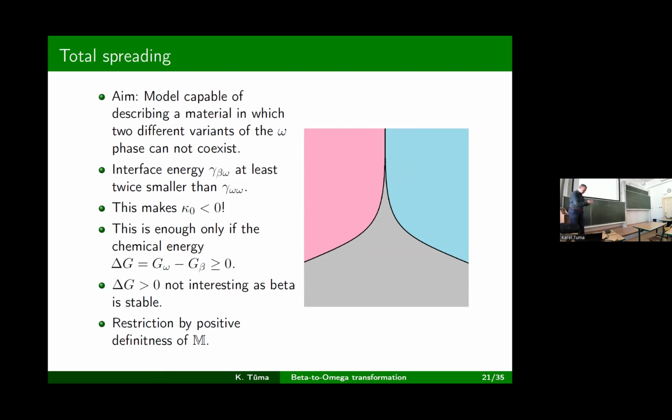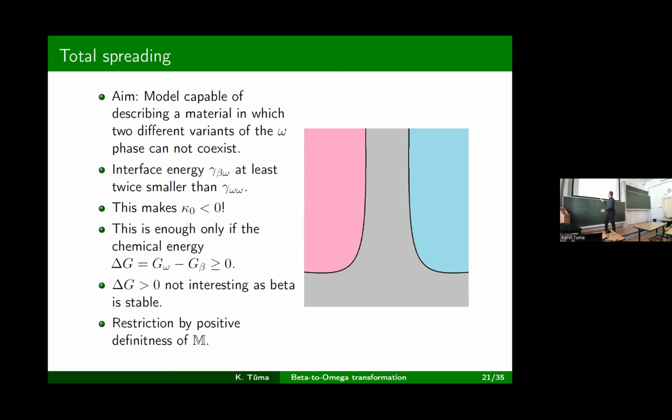So up to now I was just speaking about the interface energy. In the model, we also need to add the chemical energy, which says which phase is energetically more preferable. So in case of the beta to omega transformation after the quenching and the thermal transformation, the omega variants are more preferable, which means that the difference between the chemical energies, omega minus beta, is negative. So omega is more preferable than beta.